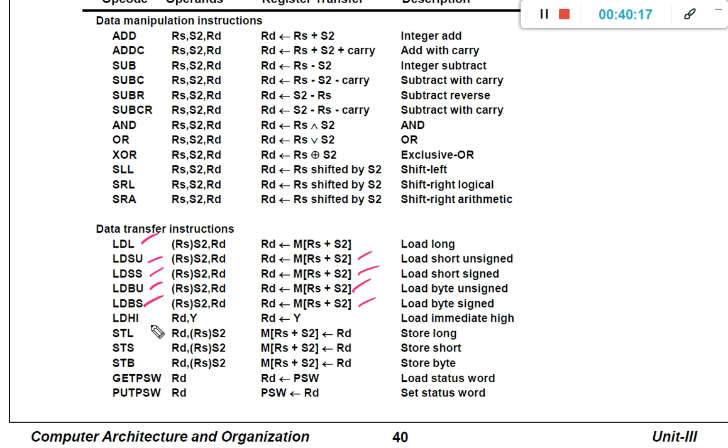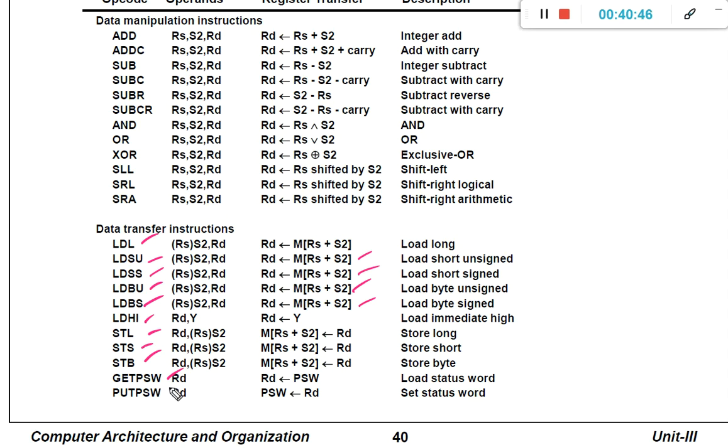Load byte signed, load immediate high, store long, store short, store byte, load status word. We have discussed the status word. Different types of values will be stored in the status word: overflow flag, carry flag, zero flag.